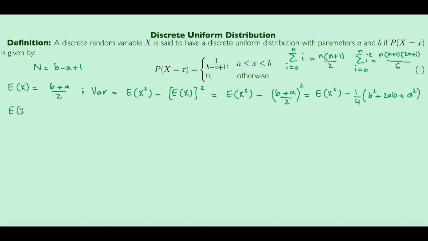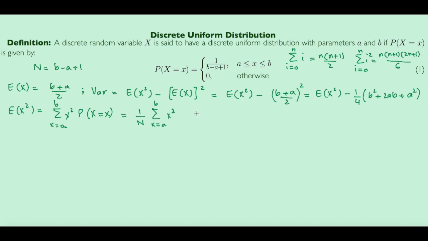So E of X squared is equal to the summation of x squared times p of x, correct? So this is the sum over x from a to b, which is equal to 1 over n times the sum over x from a to b of x squared.